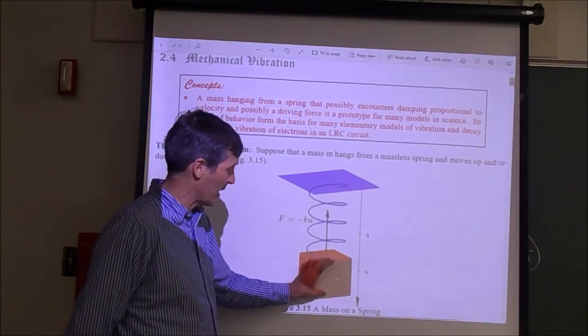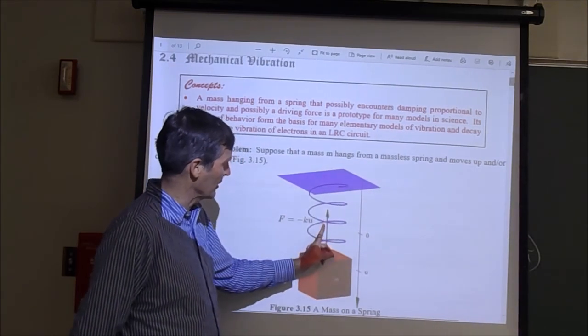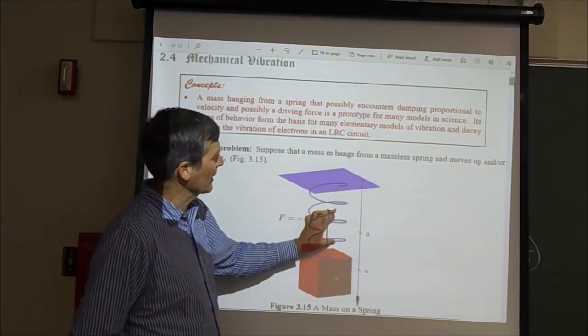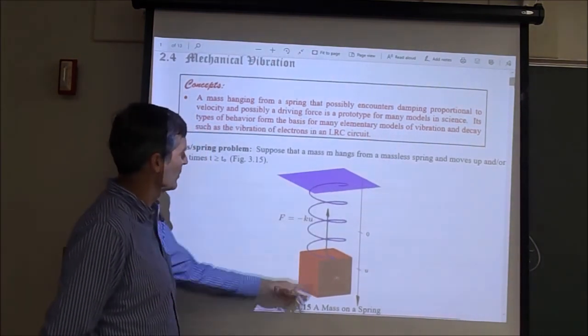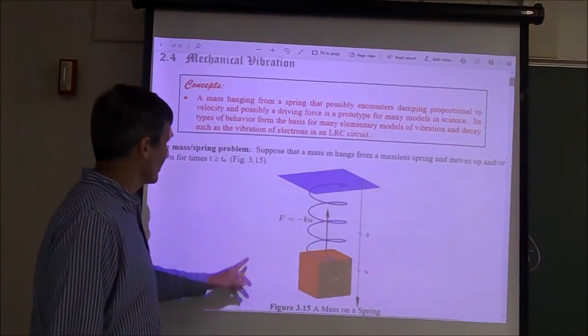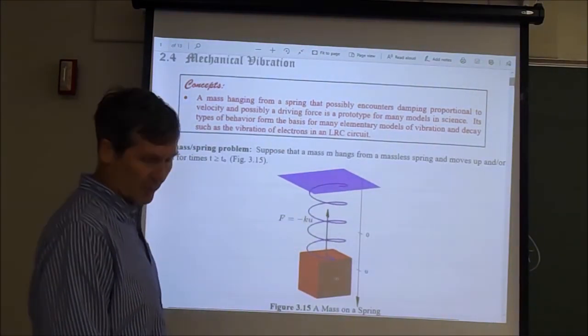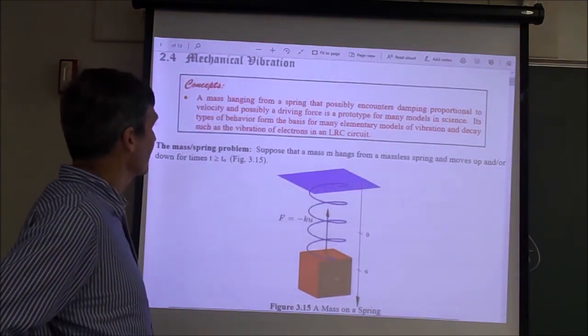So at positive position u, the restoring force is in the negative direction, and if I compress the spring, then the force will become positive, pointing downward, trying to restore it towards zero. That's what we call Hooke's law: the force is proportional to the displacement with a negative constant.